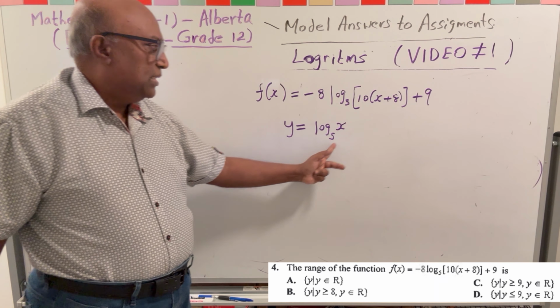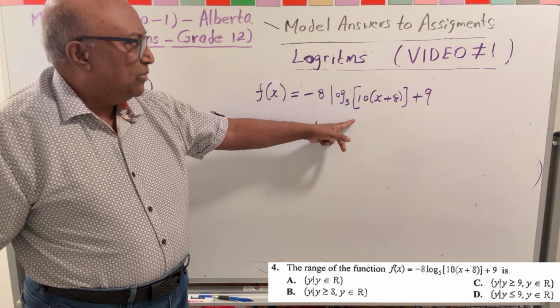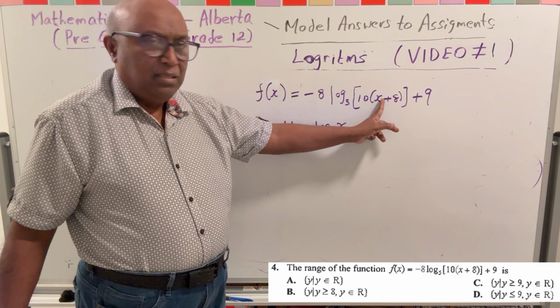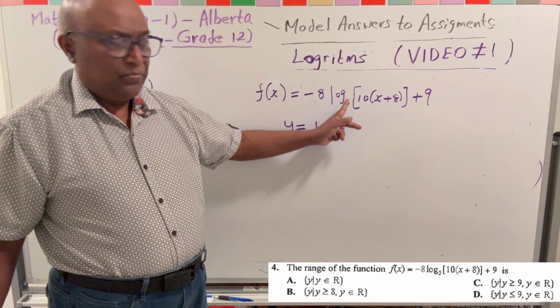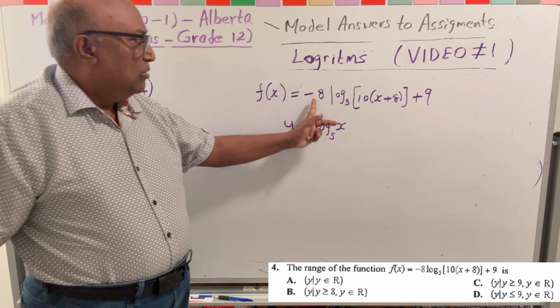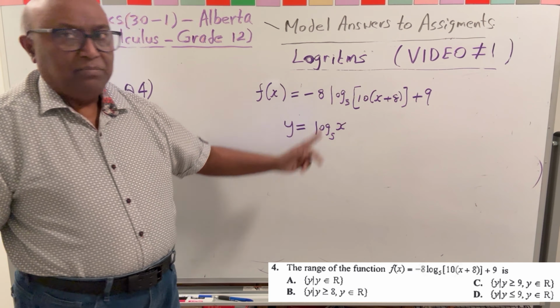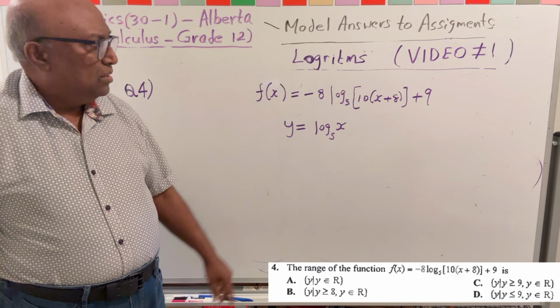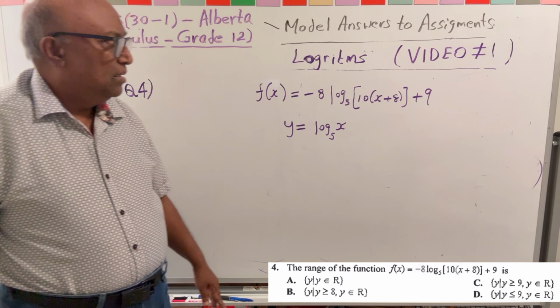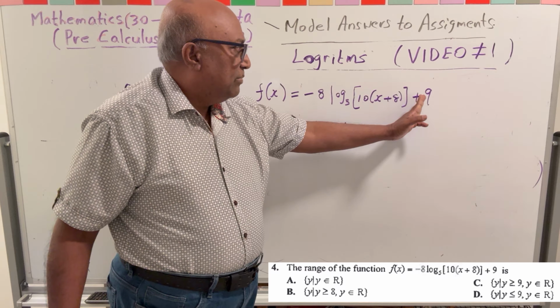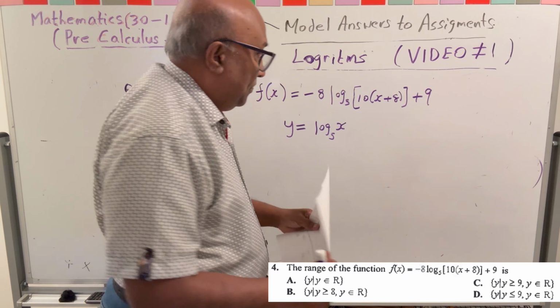This is the original function. What kind of transformation has been applied? Translate 8 units left. Then vertical stretch by factor 8. Reflection about the x-axis. Vertically translate by 9 units up.